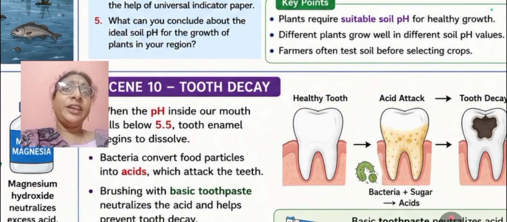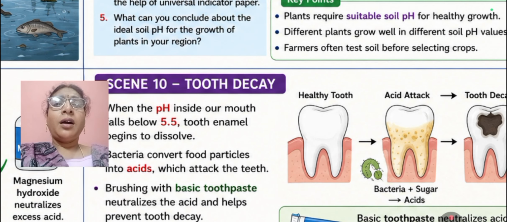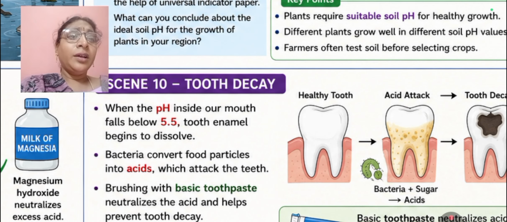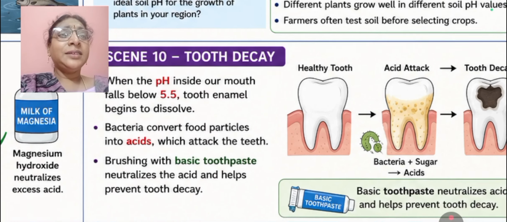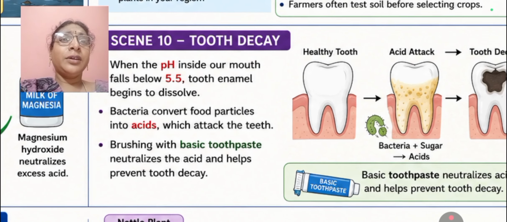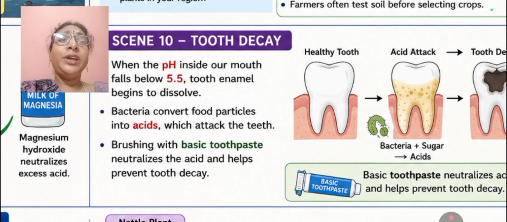And tooth decay. We are always eating food with our teeth, so the teeth are always crushing, and food particles remain over our teeth. The food particles convert into acids and attack the teeth, which causes tooth decay.